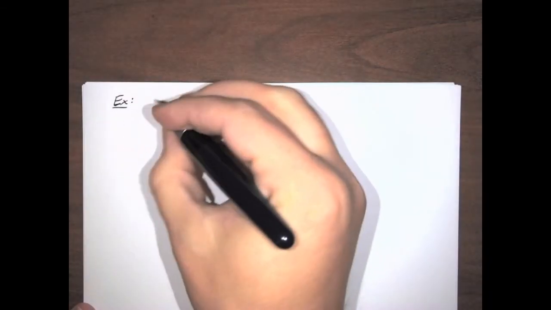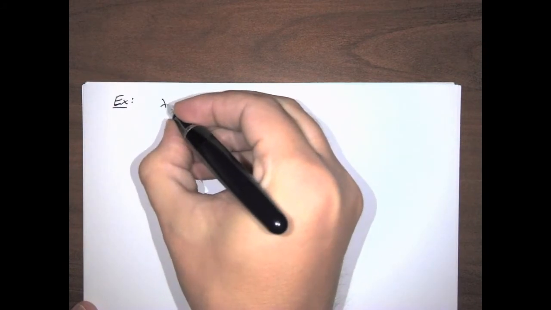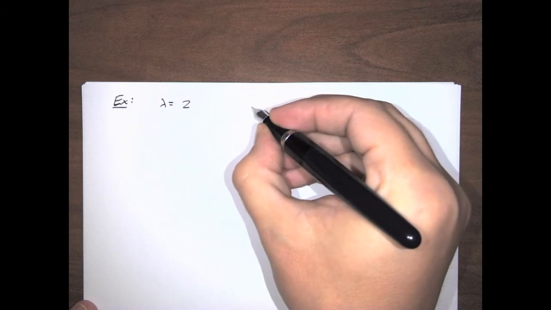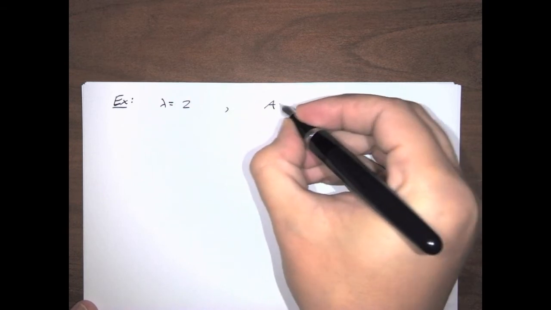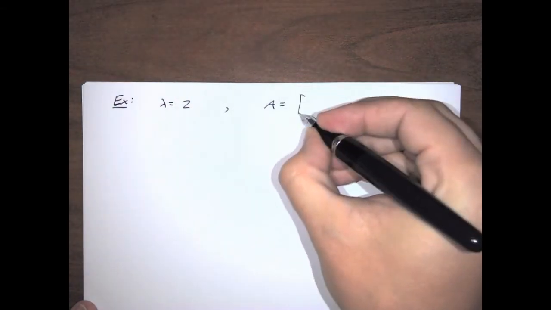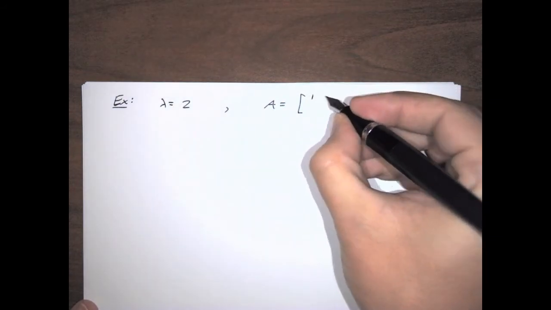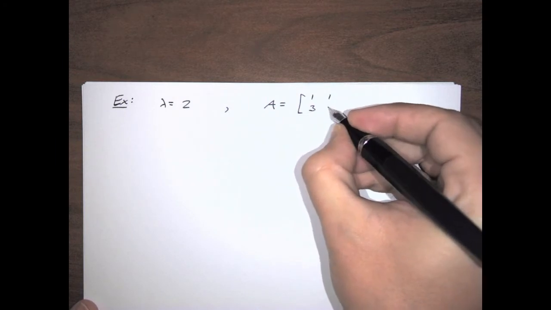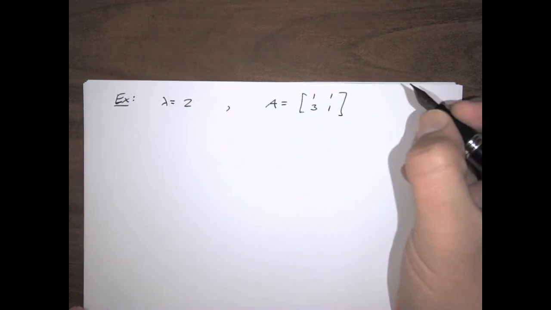Let's say lambda equals 2 and A equals (1, 1; 3, 1), just for example.